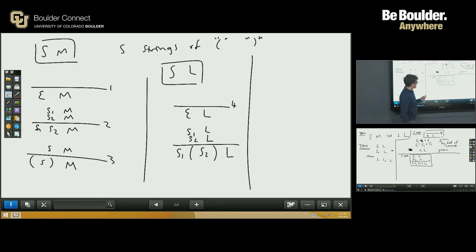It tells us that the property holds for these two, right? I goofed up. Can someone tell me how I goofed up? I wrote S1, S2, S1, S2, but we've already got S1 and S2. So this whole thing was supposed to be S2. The usual way to fix this is just to add primes.